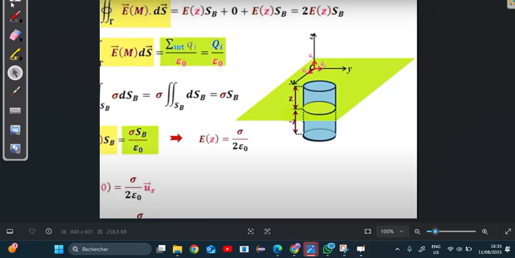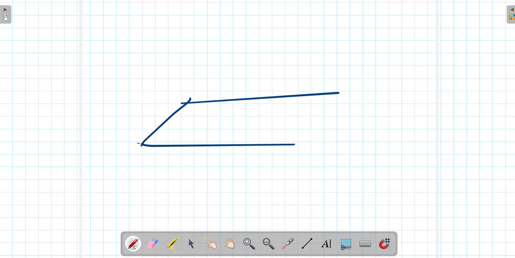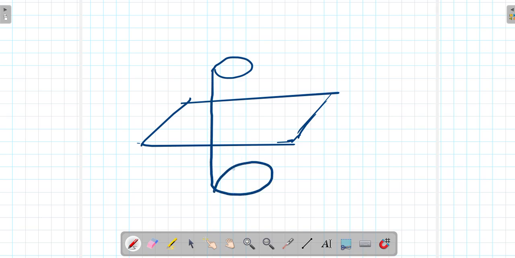Now we're trying to calculate the field for the plan infini. Suppose this is a plan infini. Then I'll draw a cylinder like this, which will cut through the infinity plane.